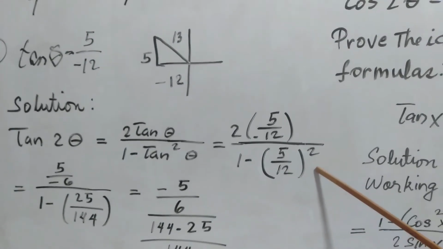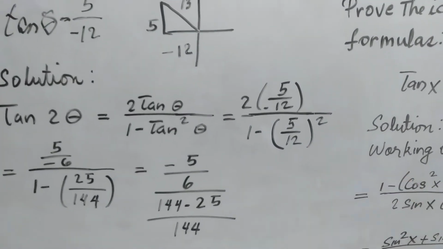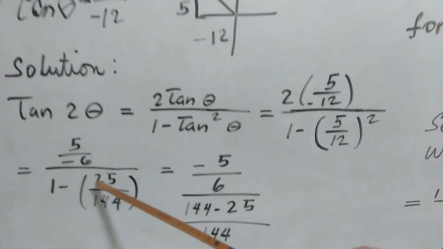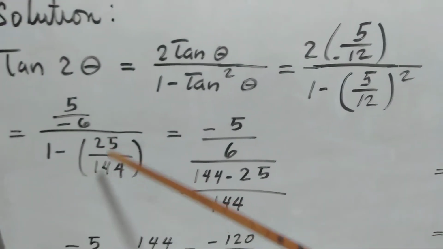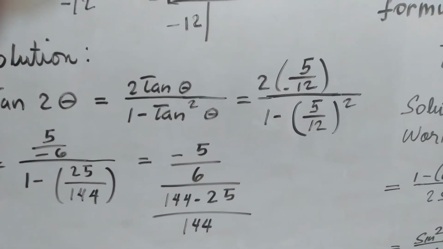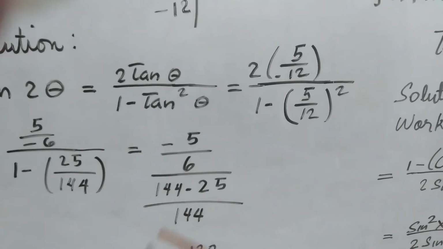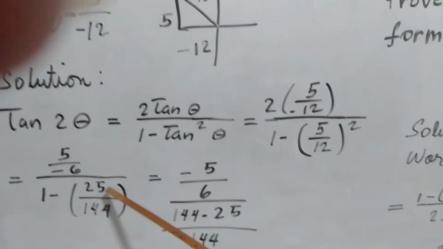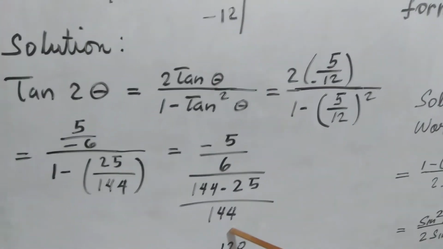quantity squared. So the numerator will be negative 5 over 6 over 1 minus the square of that, which is 25 over 144. To continue, that is equal to negative 5 over 6 over 144 minus 25 over 144.